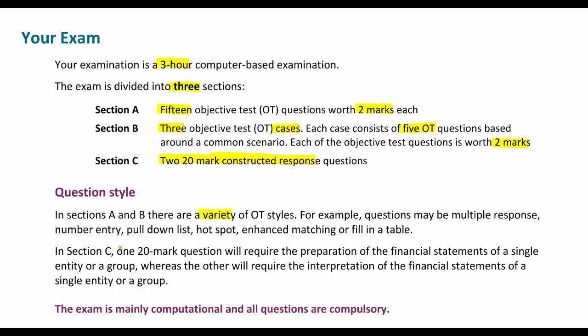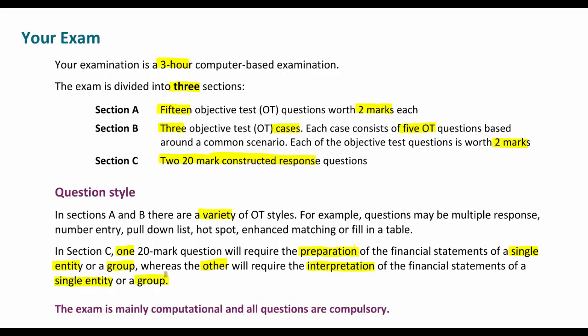In section C, one of the questions will require you to prepare a set of financial statements, either for a single company or for a group of companies. So it will be predominantly numerical. And the other question in section C will require the interpretation of financial statements, either of a single company or of a group.